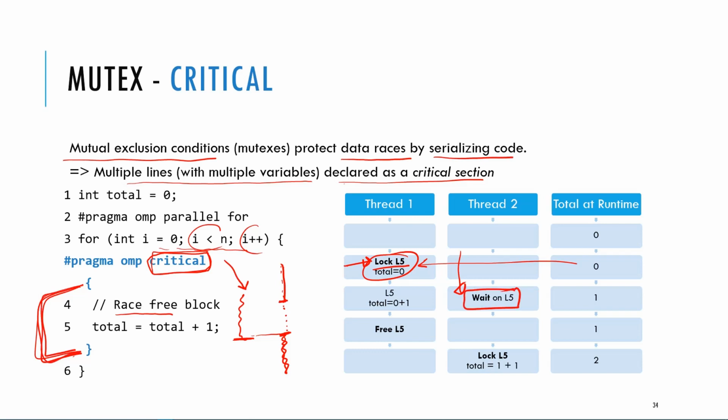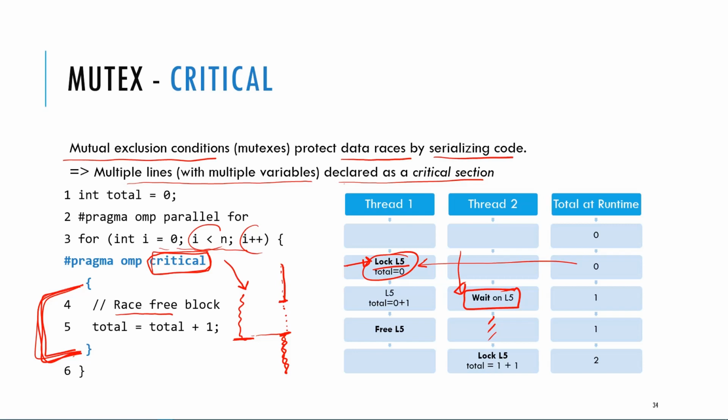It cannot enter line number five, even if it remains multiple iterations or cycles of time waiting and wasting its time. But for the sake of having a logically accurate result at the end, that thread should wait its turn.